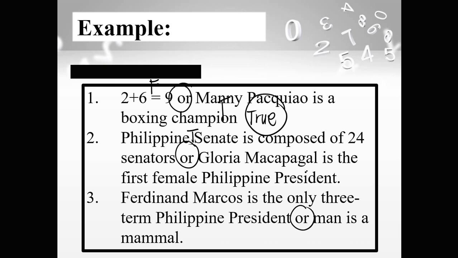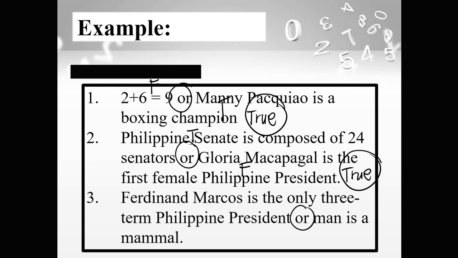And then, second statement, Gloria Macapagal is the first female Philippine president. That is false since our first female president is Cory Aquino. So according to the rule of the disjunction, if your first statement is true and your second statement is false, then the whole statement will always be true. And that will be the final answer.